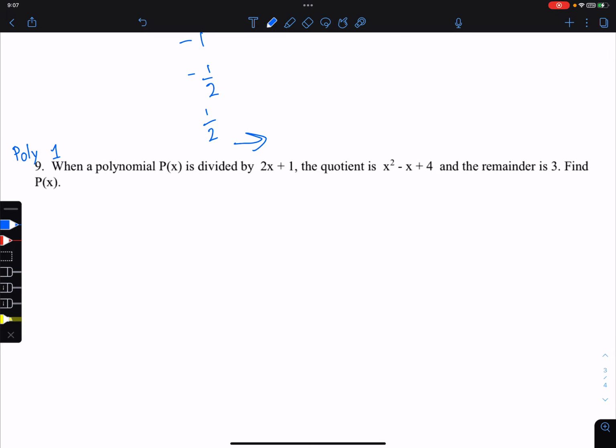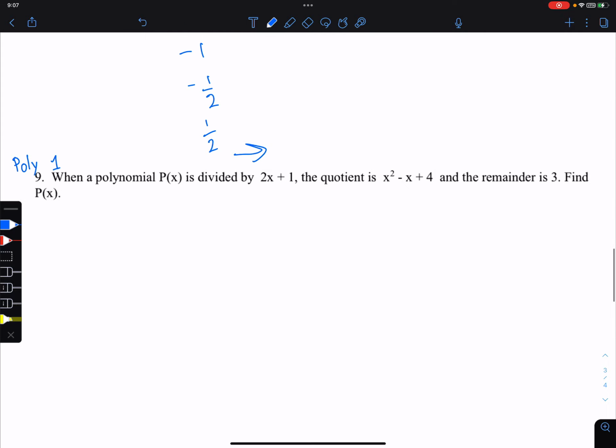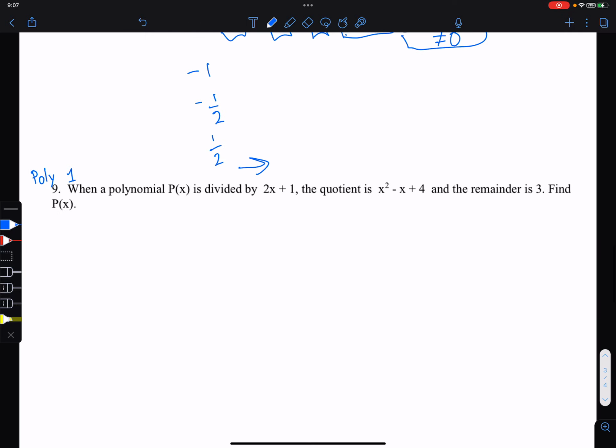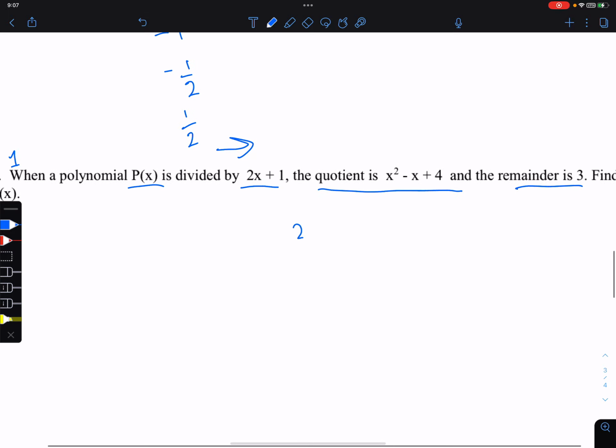When a polynomial p of x is divided by 2x plus 1 and we're given the quotient and the remainder, how you set your problem up is we have to do the reverse.